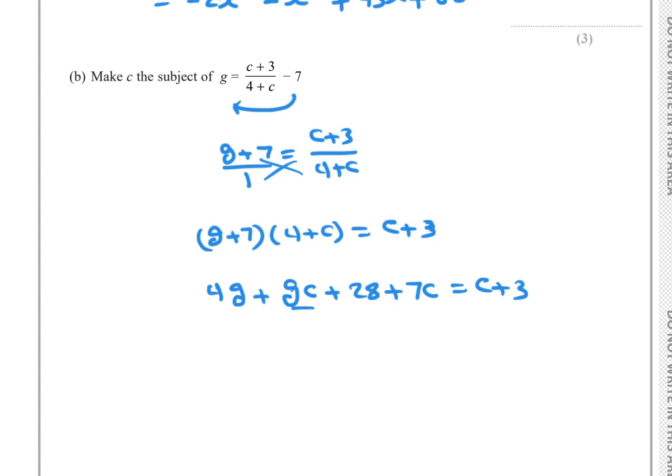So keep GC and 7C and transpose C to the other side. So GC plus 7C minus C equals, transposing 28 and 4G to the other side, 3 minus 4G minus 28.